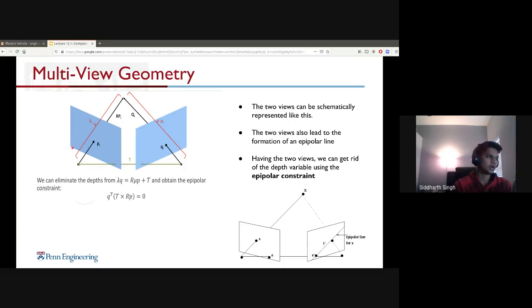In this case, the two frames are this camera, which has the point pi, and the other camera, which has the point qi, right? Now, if I try to write the point qi as transformed from the coordinate frame of pi, I will get something like this.